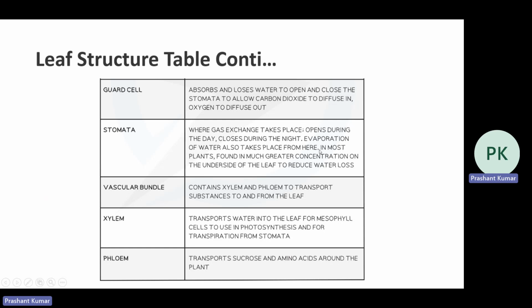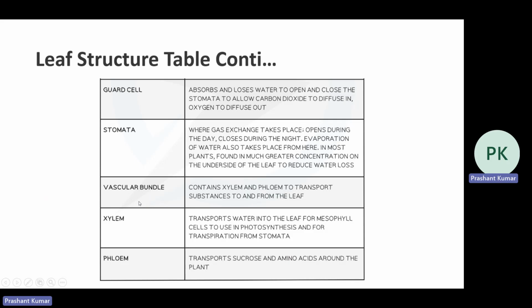During daytime, the transpiration process is going on, so through stomata, water is lost in the form of water vapor. In most plants, stomata are found in much greater concentration on the underside of the leaf. Why are they on the underside? Because sunlight is not going to fall on the lower part of the leaf, just to reduce the water loss.